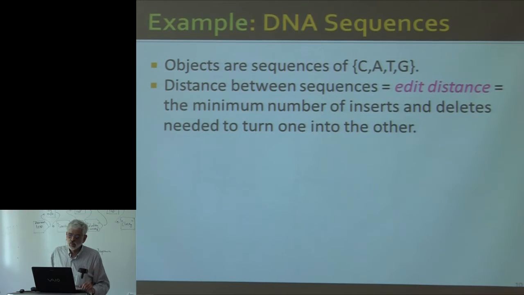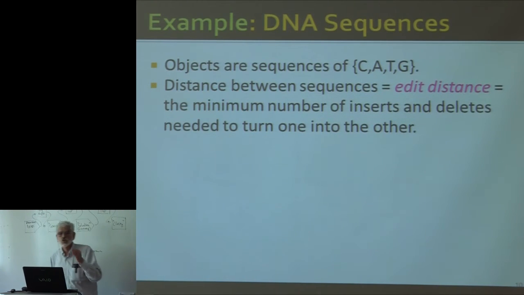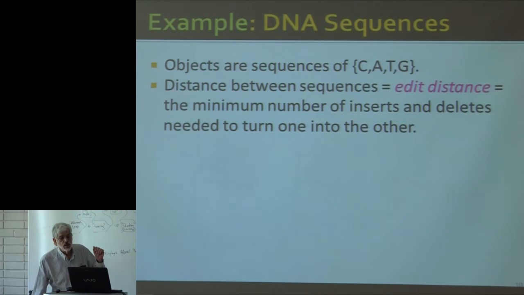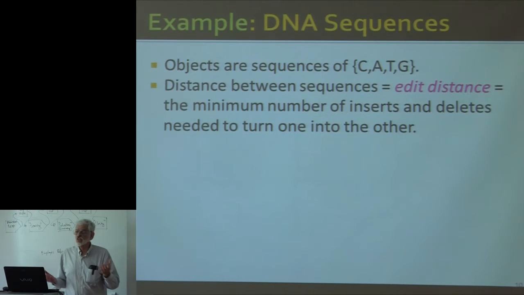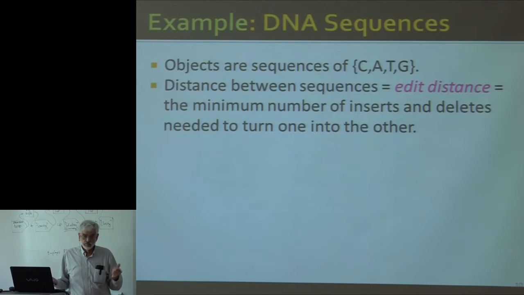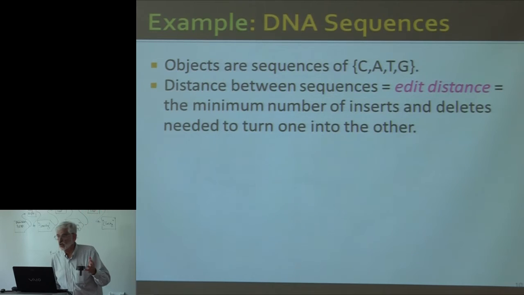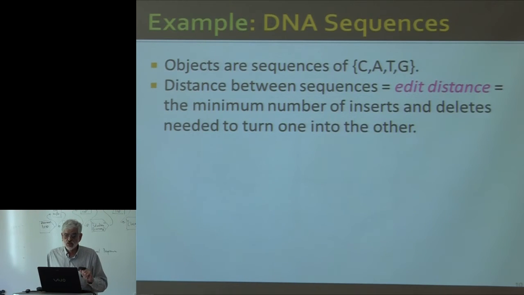Another example would be DNA sequences, which are sequences of these 4 characters, C, A, T, G. And you could define the distance between two sequences of these characters to be the number of inserts and deletes you need to turn one into the other.